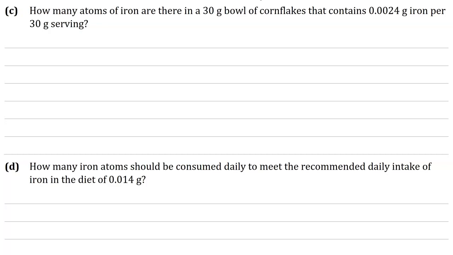Okay, so how many atoms of iron are there in a 30-gram bowl of cornflakes that contains 0.0024 grams of iron per 30-gram serving? Now, this was an exam question, and the first thing we must remember is this 30-gram bowl of cornflakes has nothing to do with the question. There's no relevance in the question.